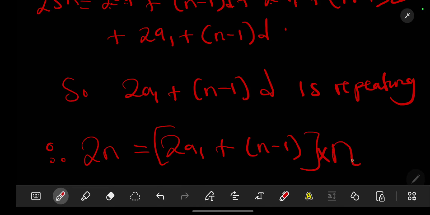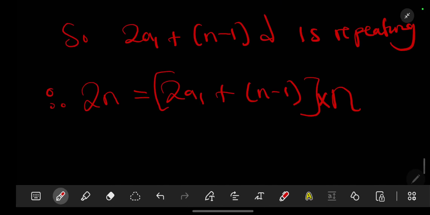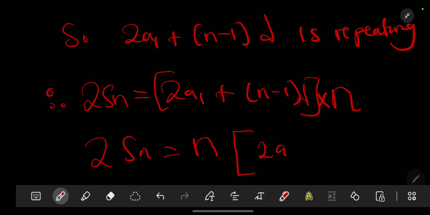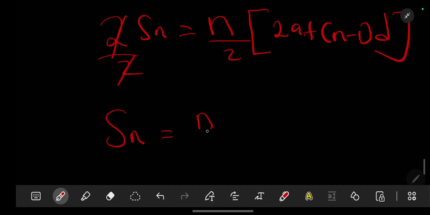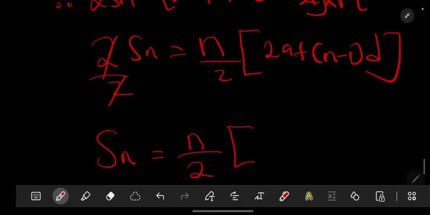So this n represents the number of times it is repeated, so which can be written as 2Sn, not 2n, but 2 sum. 2Sn should be equal to, this n can be written here, then we have our 2a1 plus our n minus 1 d. We divide by 2, so the Sn should be equal to n over 2 times our 2a1 plus our n minus 1 times our d, like that.